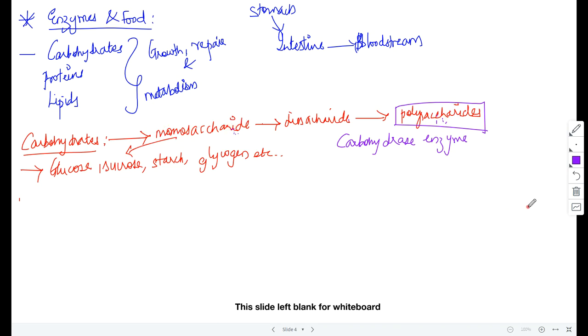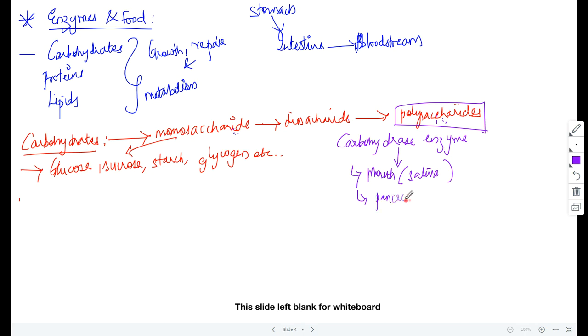These carbohydrate enzymes are produced in the mouth, or more precisely in the saliva.